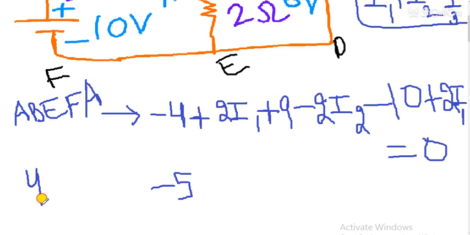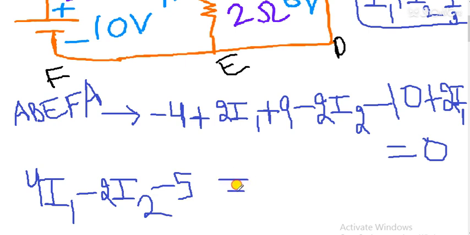So 4I1 minus 2I2 minus 5 is equal to 0. We cannot solve this further, so I mark it as the first equation.